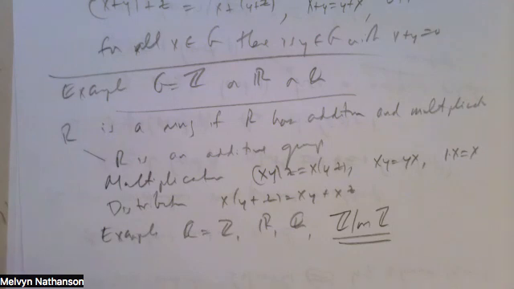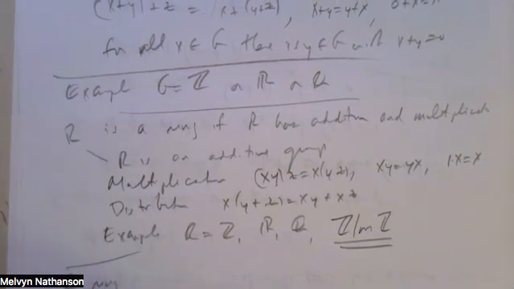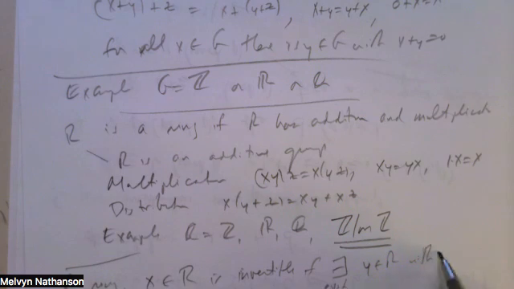Now, suppose R is a ring. We say x, an element of the ring, is invertible, has an inverse, if there exists a y in the ring with x times y equals 1.